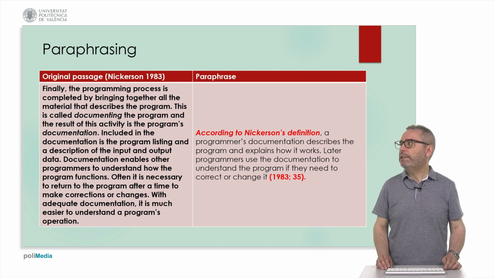According to Nickerson's definition, a programmer's documentation describes the program and explains how it works. Later, programmers use the documentation to understand the program if they need to correct or change it. We can see we preserve all the main ideas in different words.